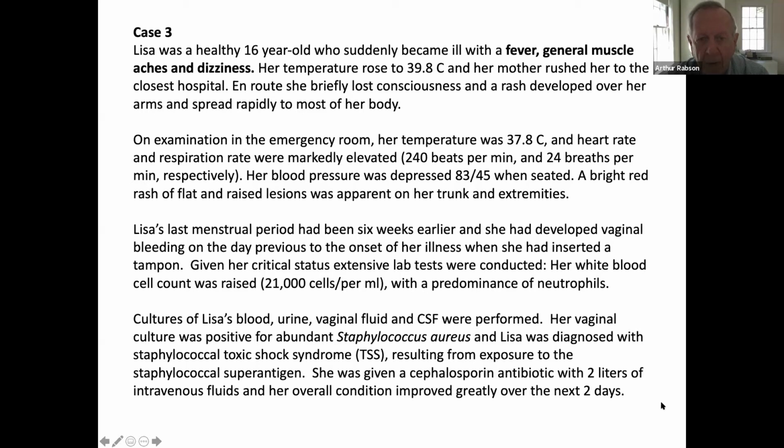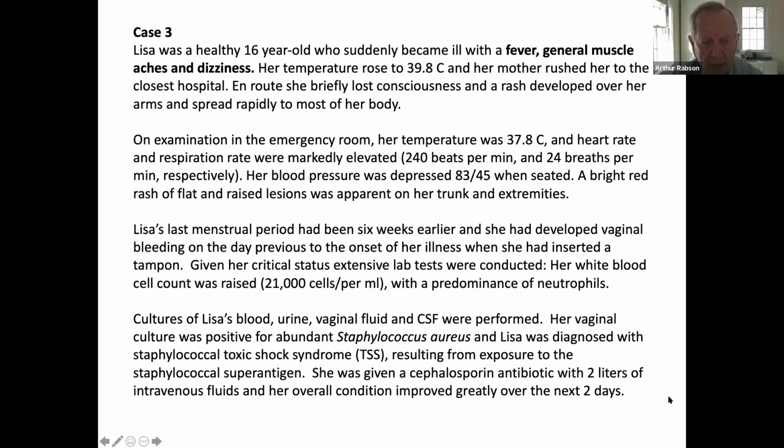She's really sick. She has a bright red rash of flat raised lesions on her trunk and her extremities. She was asked about her last menstrual period, which had been 6 weeks earlier, and she developed vaginal bleeding the day previous to this incident when she had inserted a tampon.